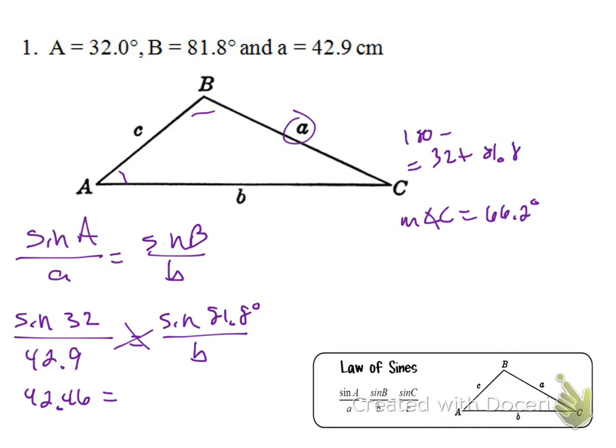And then we're going to take B sine of 32, and then we've got to divide both sides by sine of 32. So now when you do the 42.9 times the sine of 81.8, you don't want to round that off and just type in 42.46. Go ahead and leave that decimal in your calculator so that you don't have to worry about rounding issues.